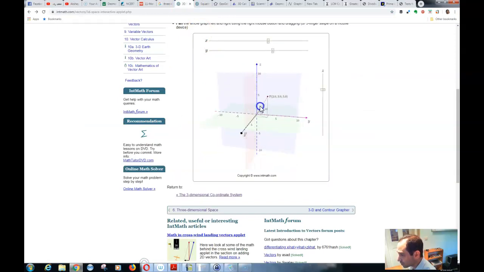So you see that you have this green plane over here, which is your xy plane. Any two-dimensional point you can plot here.